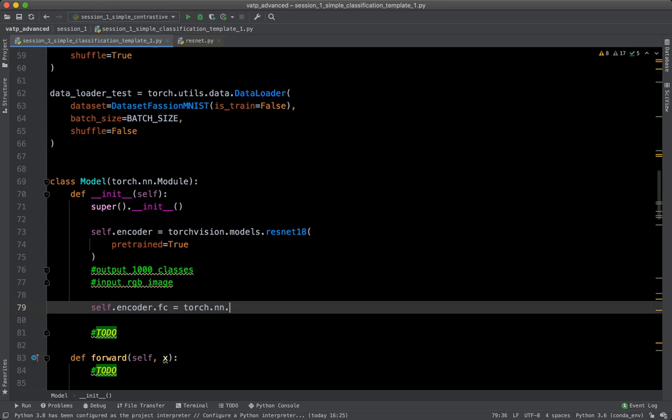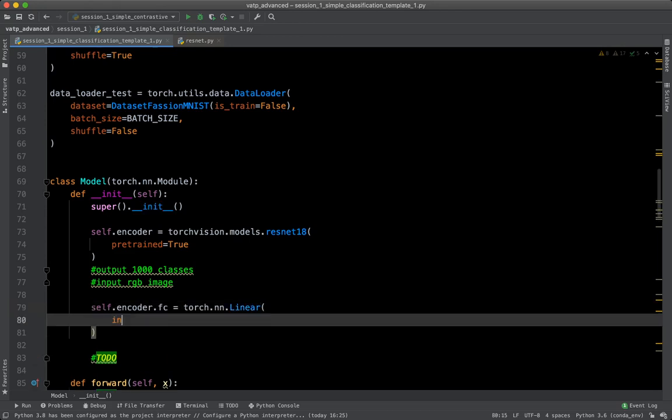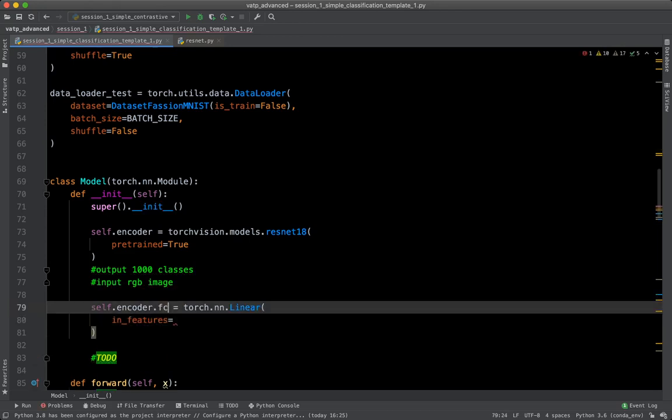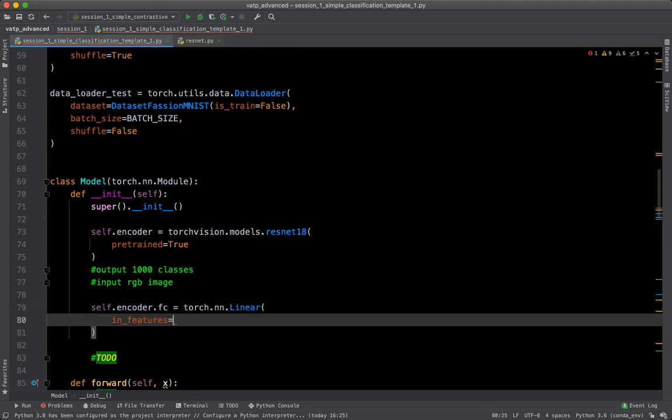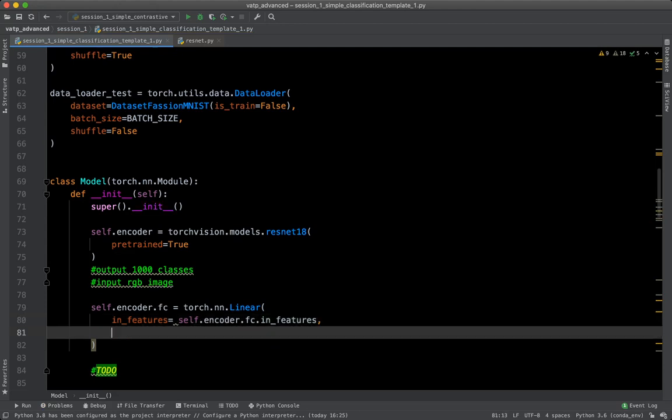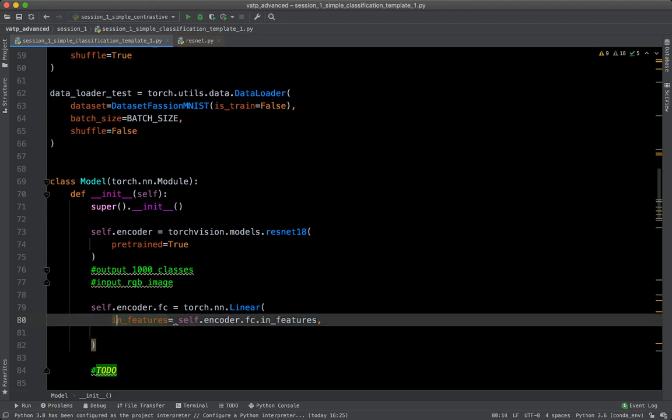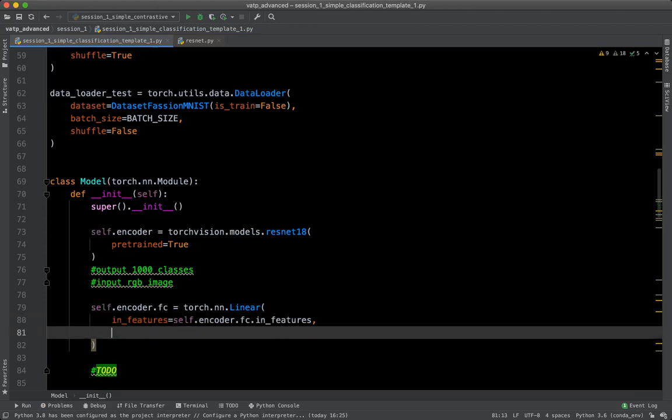So linear, and the in features we can copy from what was there before. So we just use this one, in_features, and with this model I think in, let's say, 10 epochs we can get 97% accuracy. So I think it's quite good. So this one, and the out features is the actual 10 classes.